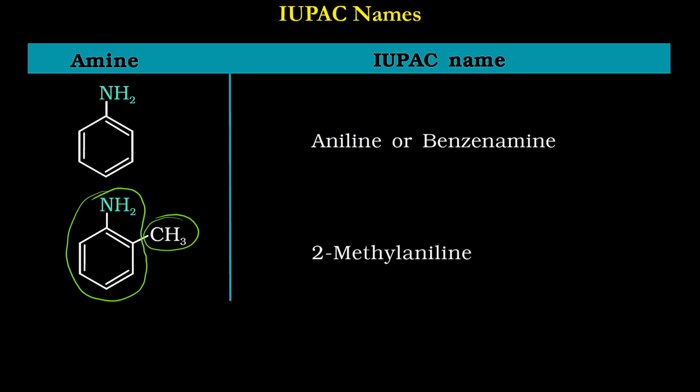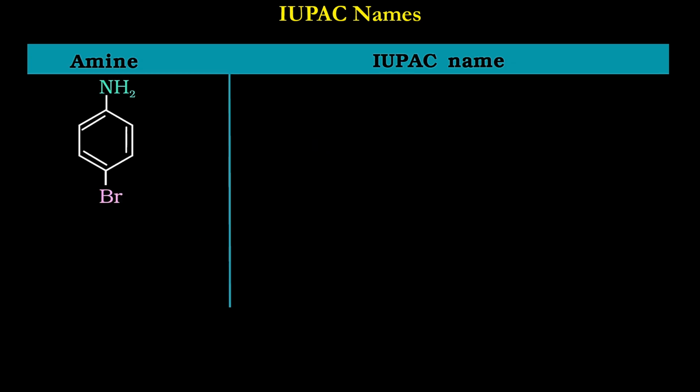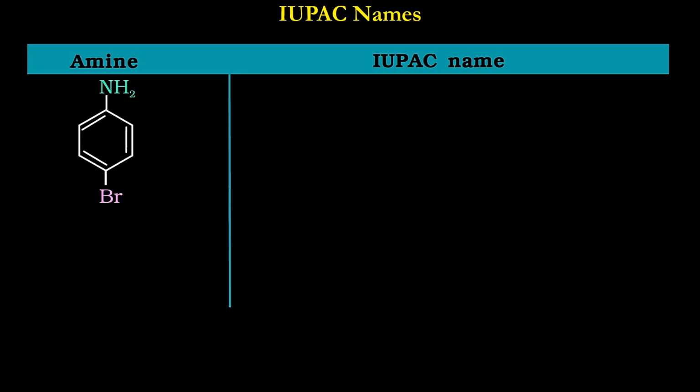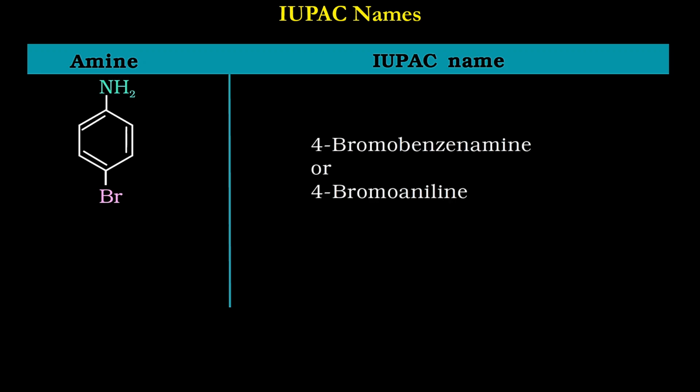Next one. Now here bromine is attached on the fourth carbon of aniline. So you can say 4-bromo-aniline, or you can say 4-bromo-benzenamine. Both are correct.